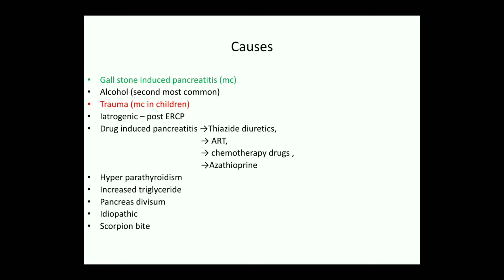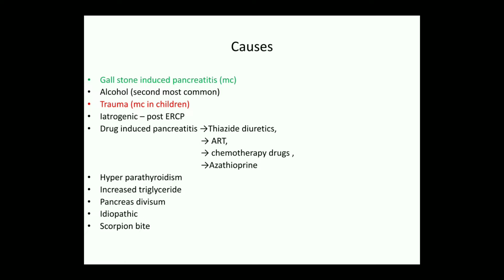It means the ventral and the dorsal bud of the pancreas is not fusing, so they are separately opening, and this condition can cause higher chances for pancreatitis. The reason can be idiopathic, and also scorpion bite can be a cause of pancreatitis. So here are the most common causes and some uncommon causes of pancreatitis.